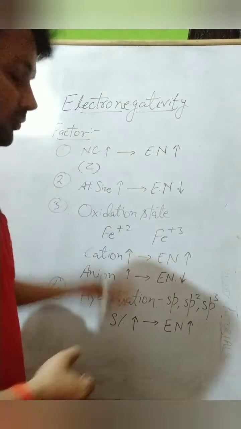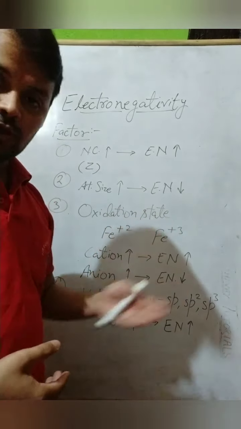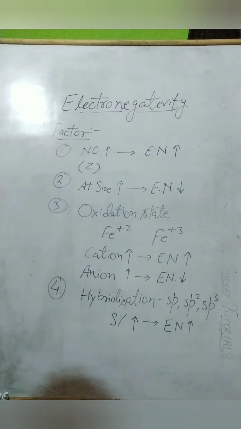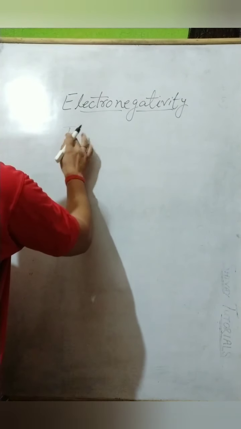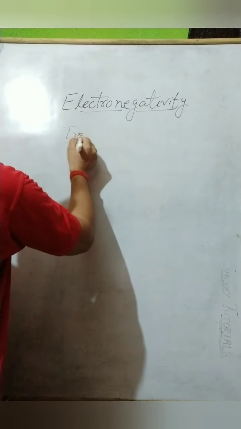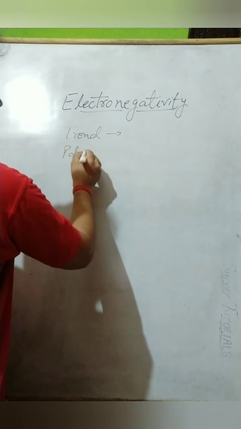Okay. Now we will discuss the trends along with the period and groups. Now let's discuss the trend of the electronegativity along with period and a group.